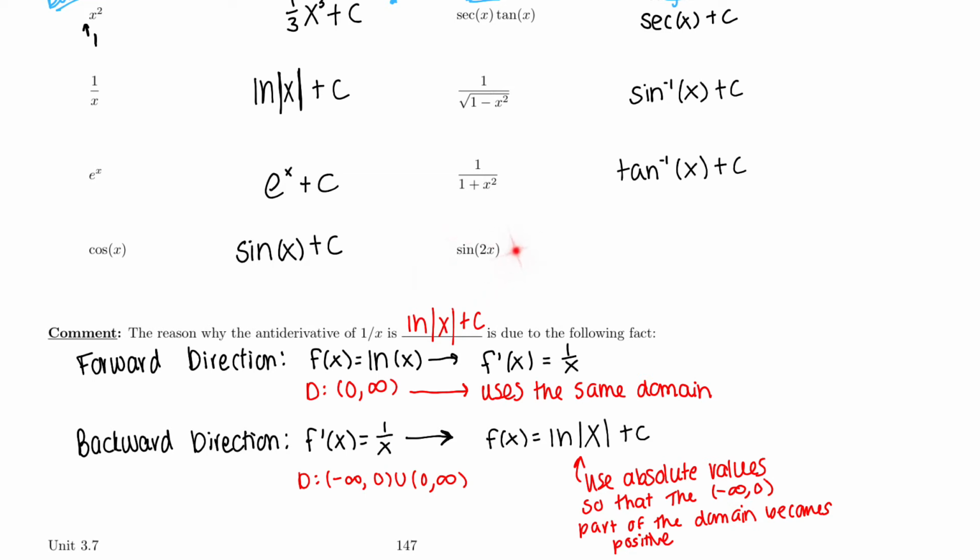Now let's talk about sine 2x. We need to take the derivative of something and get sine of 2x. Now we know that it has to be a cosine of some sort, and it's going to have a cosine 2x involved in it. With the chain rule, the inside stays the same. And it has to be cosine because cosine's the only one that would give us sine.